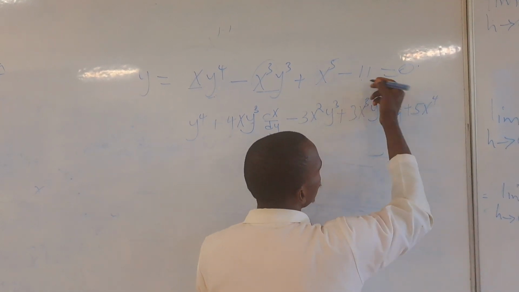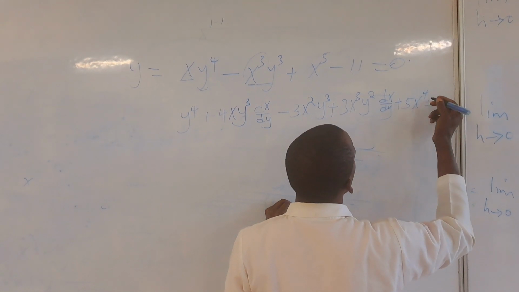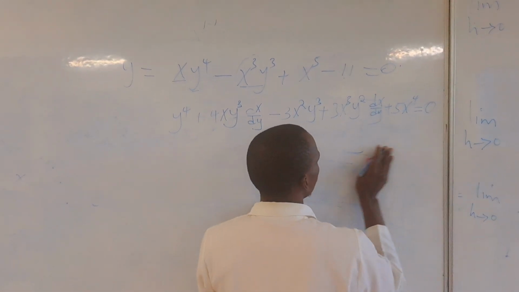If we differentiate this one it will be 0, so minus 0 is 0, so we'll have it equals to 0.